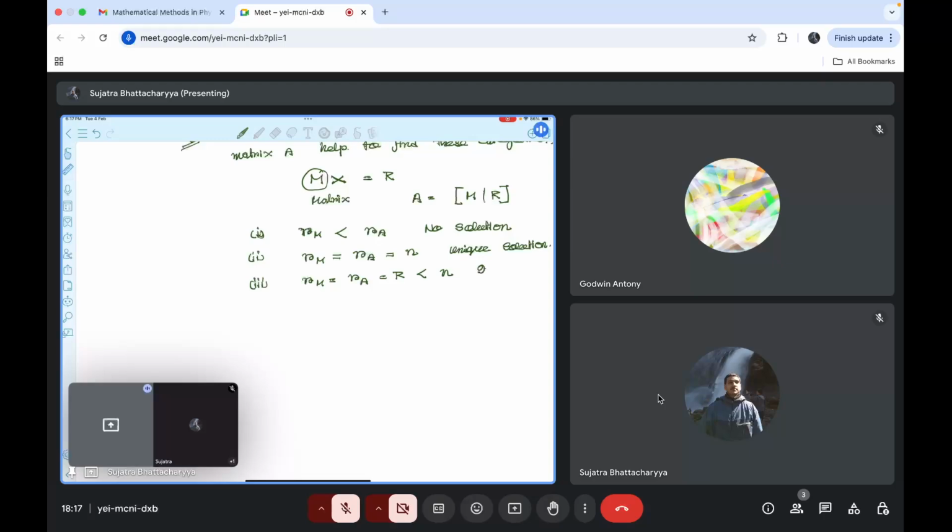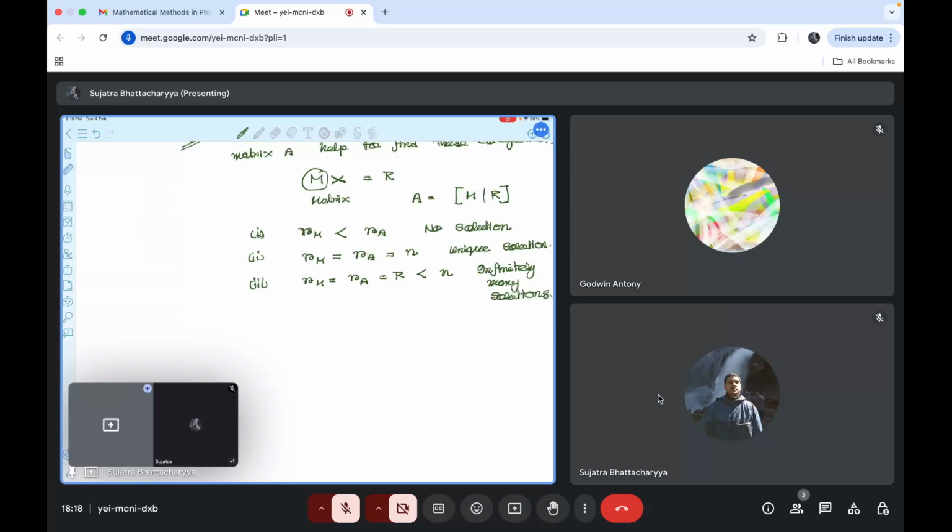So based on observation, these are the categorization using the rank of the matrix. These are the important things. This is the main message from the rank of the matrix: how to understand whether the solutions are unique, whether there are no solutions, or whether there are infinitely many solutions.